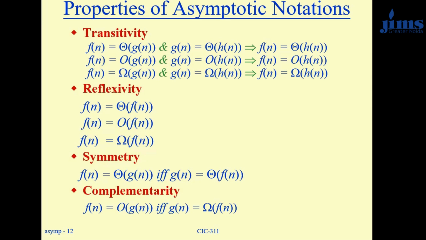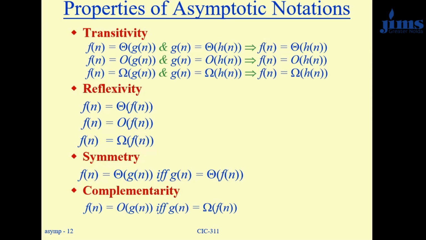Now this symmetric relation is not followed by big O and omega. Why so? In case of big O, we say that c·g(n) is supposed to be greater than or equal to f(n). If a is greater than or equal to b, can we say that b is greater than or equal to a? No. Since greater than or equal to does not satisfy symmetry, big O is not symmetric.